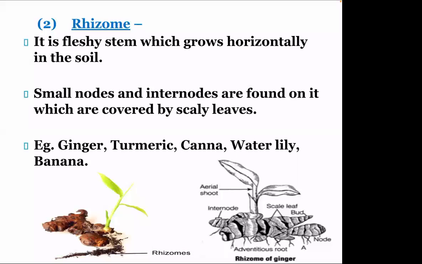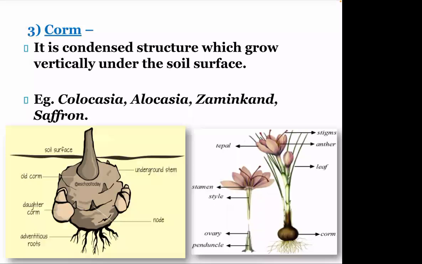So let me describe the corm, C-O-R-M, corm. In each type, you can remember two examples of each, not more than that. Though four or five or ten are given, a minimum of two examples you are supposed to remember. Ready? Okay, corm. Corm is what?